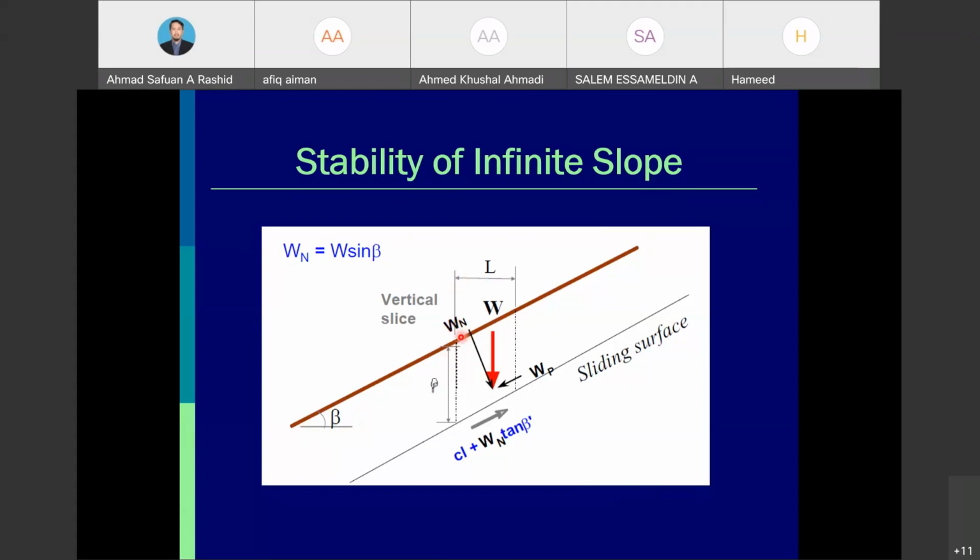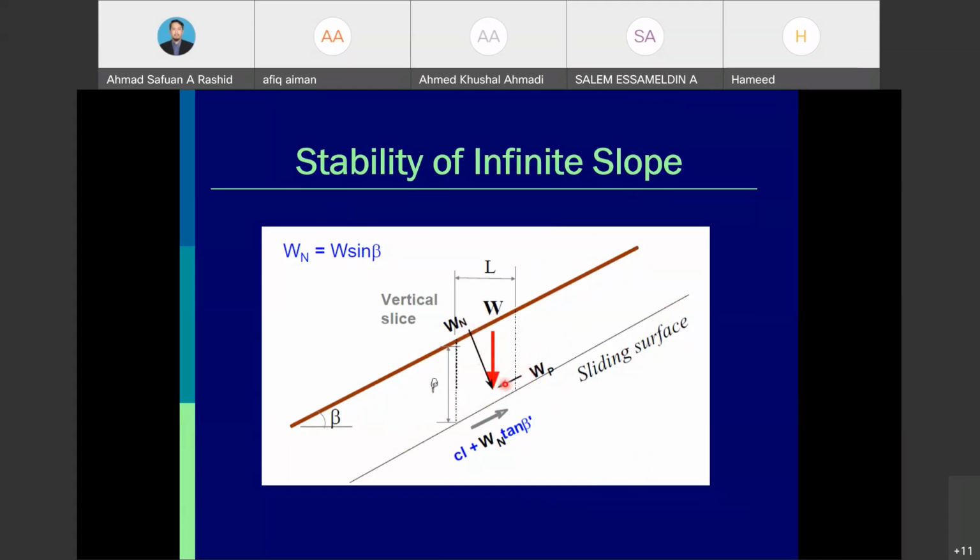We just concentrate on this L. Then we can obtain the weight by multiplying gamma, which is the unit weight of the soil, with the L and also the H. So the Wn is the normal force acting on the sliding surface, while the Wp is the driving force, which is acting parallel to the sliding surface.